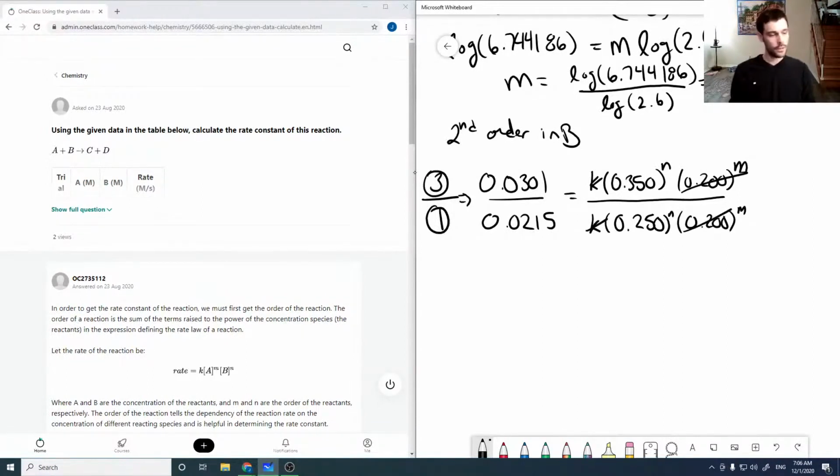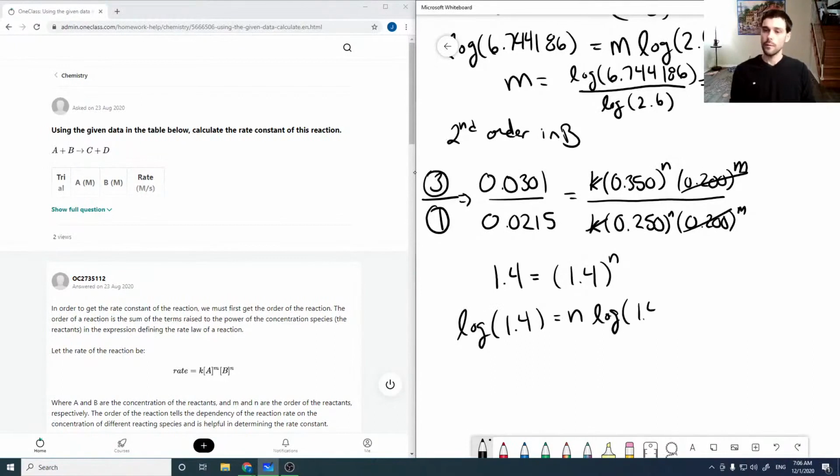Running this through on our calculator, we get 1.4 is equal to, and that same division as well, 1.4 to the N, taking the logarithm of both sides and solving for N. And we don't actually need our calculator here because log of 1.4 over log of 1.4 is just 1.